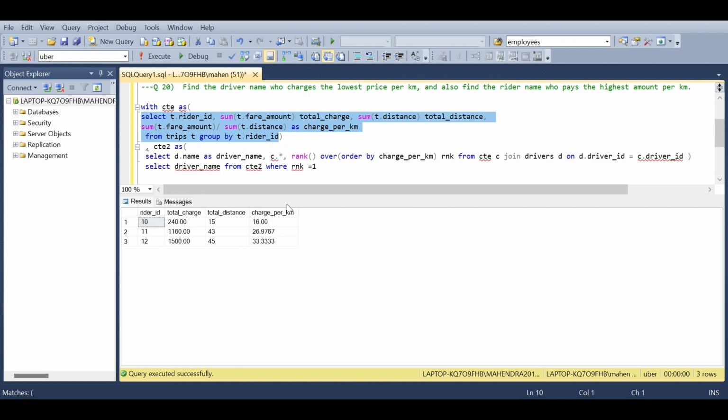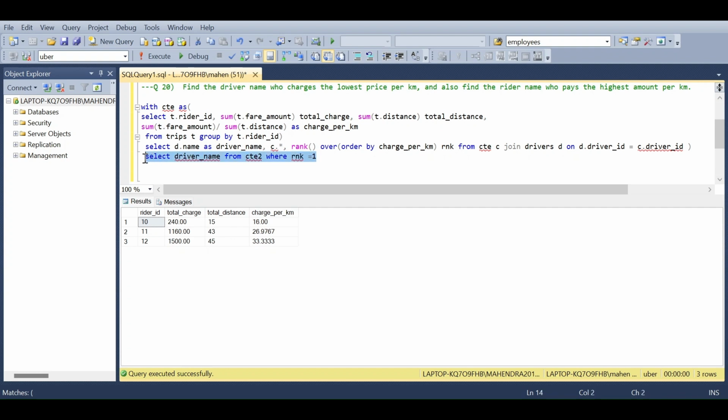Okay, now we need to extract rider name from the riders table and we need to join this table, right? So we will assign this entire table as cte. Now if you see here we are going to extract rider name from riders table and we have to mention this as rider name, and we are going to extract all columns from this one, and we need to find the rank of the rider who pays the highest amount, right?